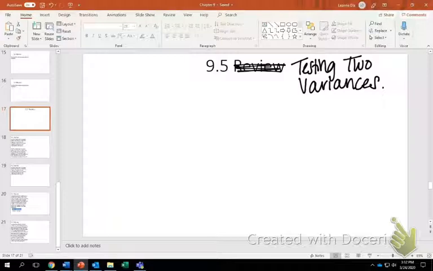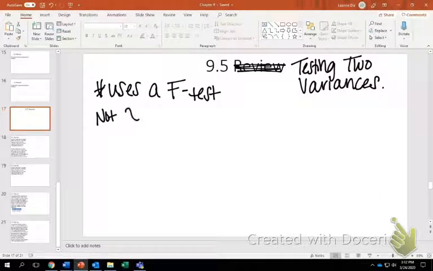And really, now we're going to be using an F test. An F test, the letter F as in fox. Okay? So it is not a chi-squared. All right, so you need to make sure that you know this is not going to be a chi-squared test anymore. It's going to be an F test.